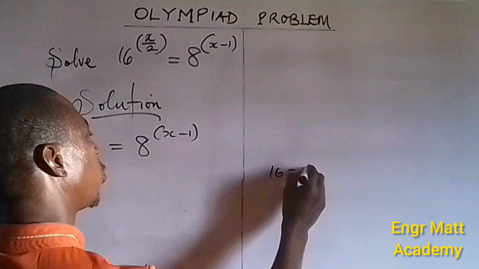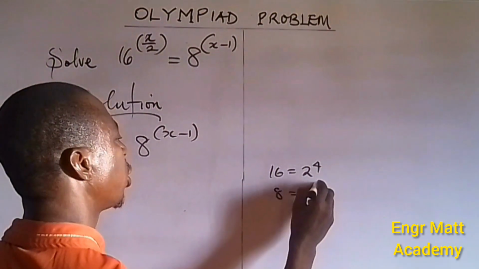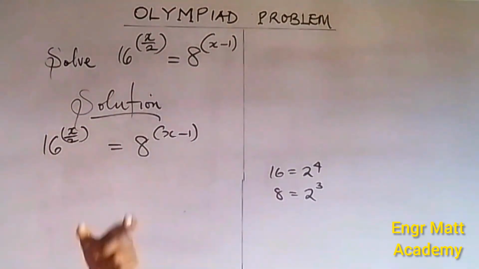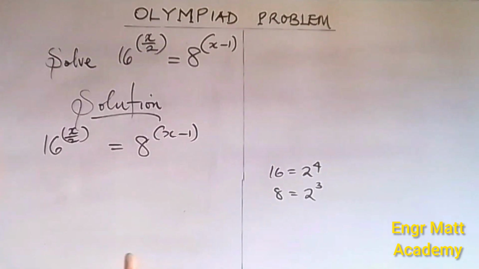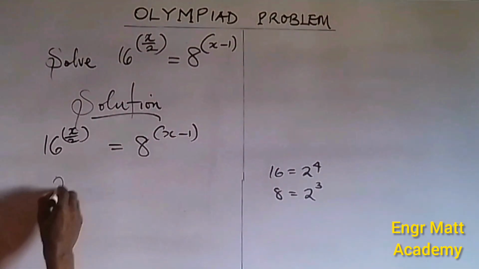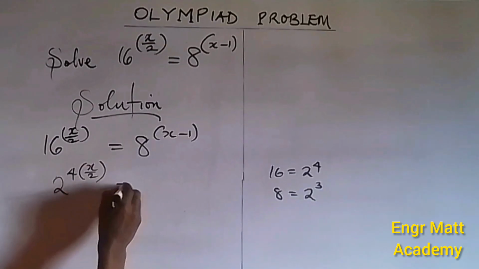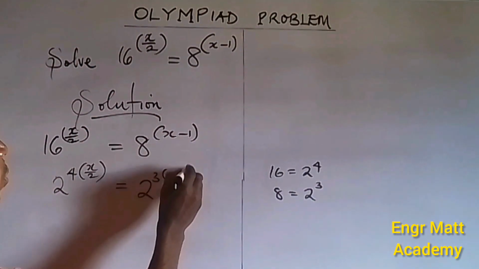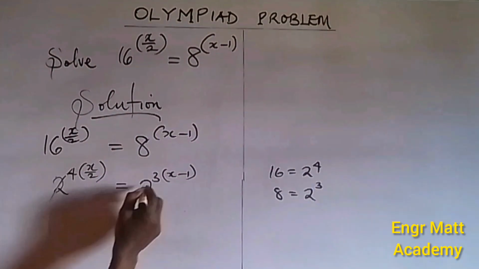16 is equal to 2 raised to power 4 and 8 is equal to 2 raised to power 3. Since we know that 16 and 8 are related, we now express them in a common base by saying 2 raised to power 4 times x over 2 is equal to 2 raised to power 3 times (x minus 1). Now that the bases are the same, we equate the powers.